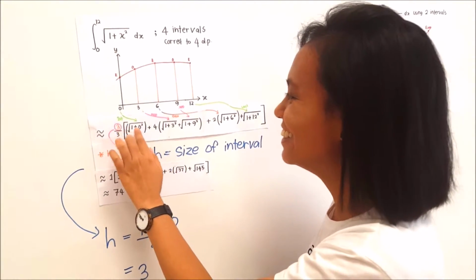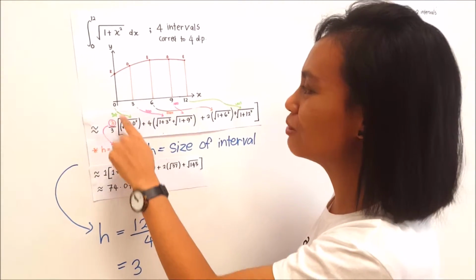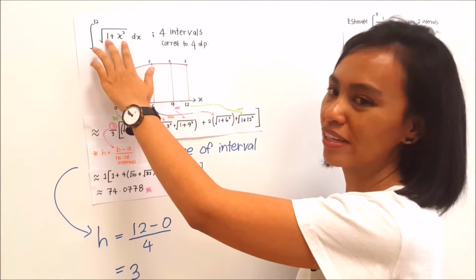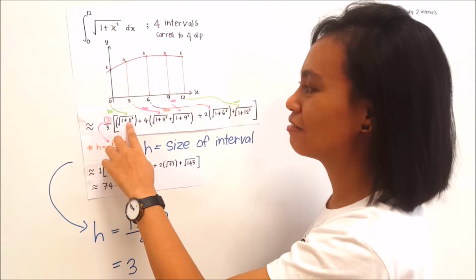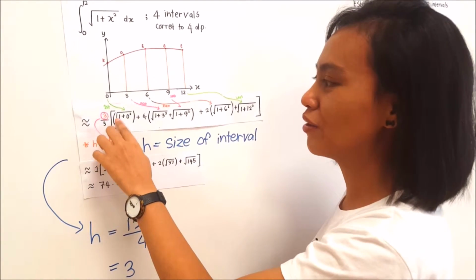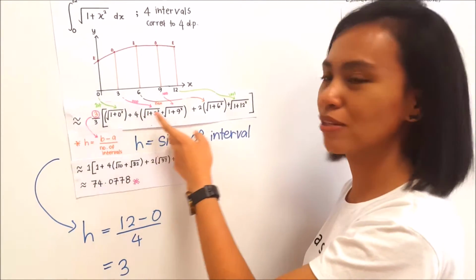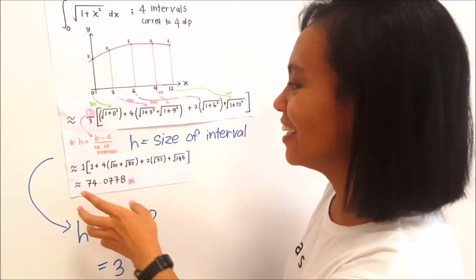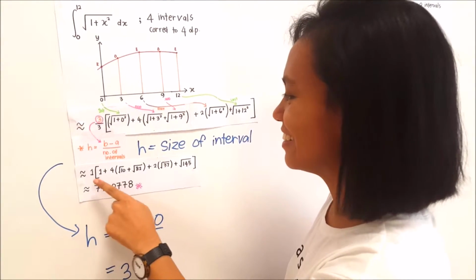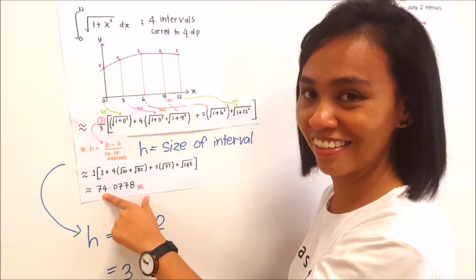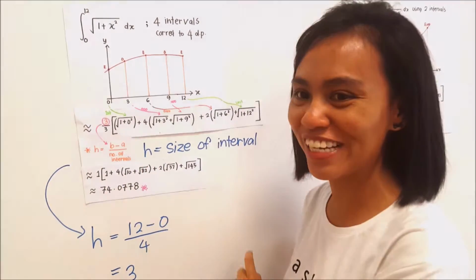For the first, which is the square root, you sub in the x into this formula, which is the square root of 1 plus 0 squared, and subsequently you will get this answer, correct to 4 decimal places.